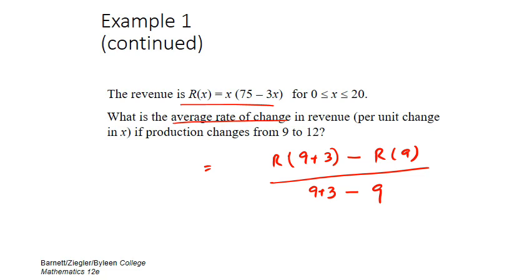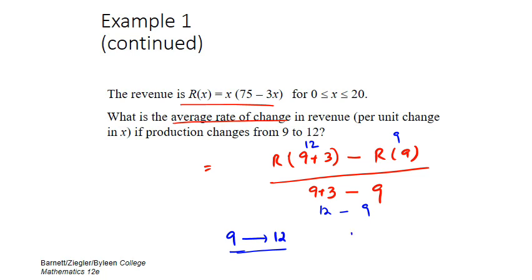So revenue from 9 to 12, and 12 minus 9, that is the average change in revenue. We increase from 9 units to 12, so the change between these two numbers is measured by this.